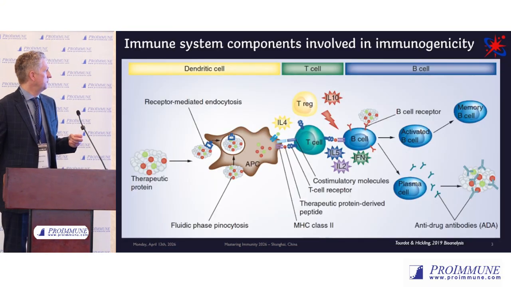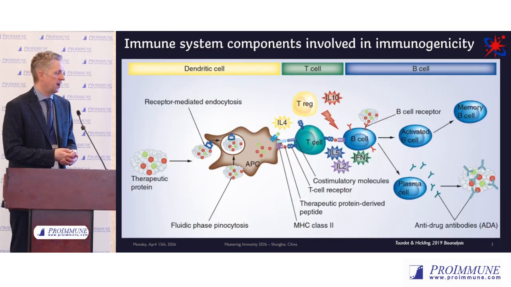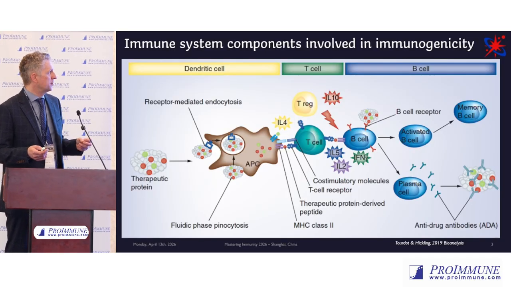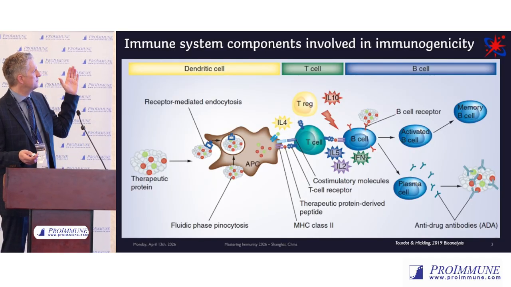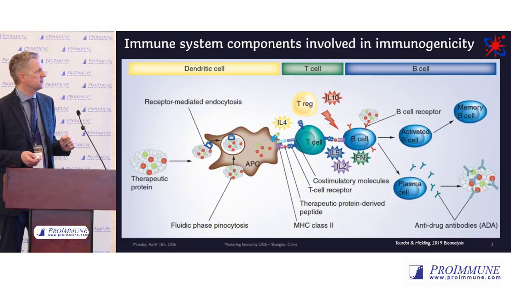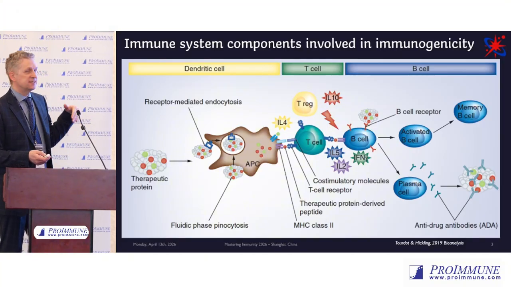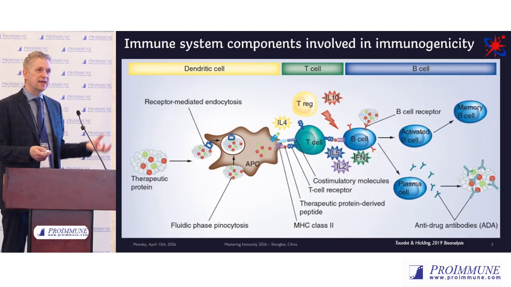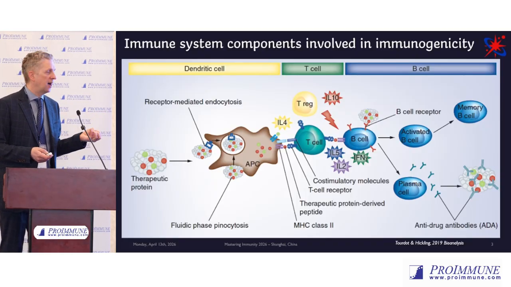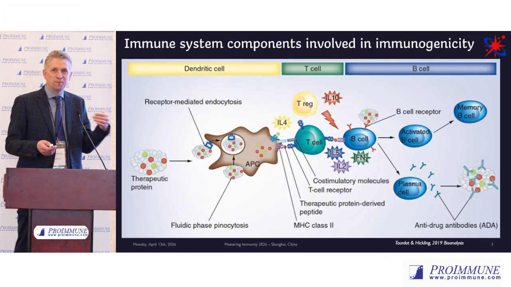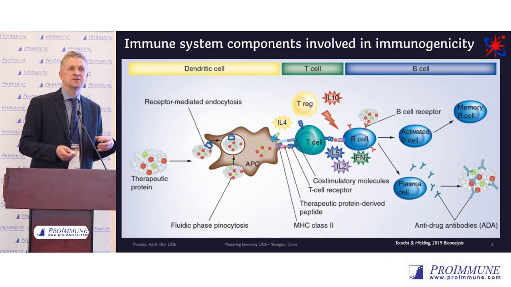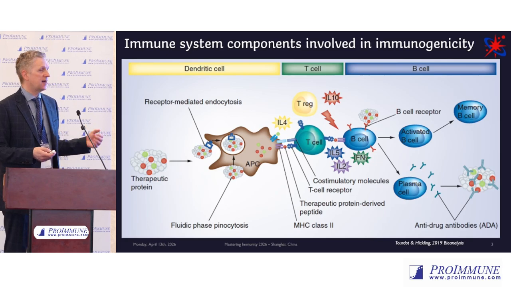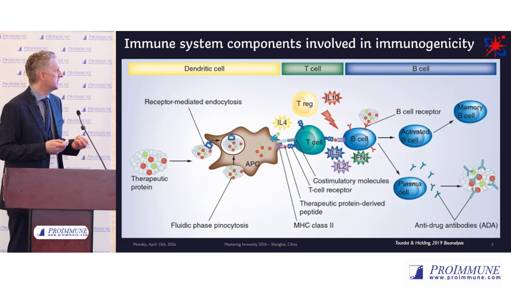So if I look firstly at immune system function, we do try and split the immune system into the three main cell types: the dendritic cells, the T cells and the B cells. The dendritic cells, also the antigen presenting cells, will be taking up our therapeutic. There are ways you can minimize some of that, and understanding things like glycosylation patterns can help reduce that, but there will always be some uptake.